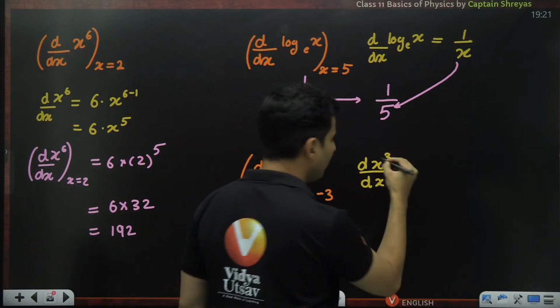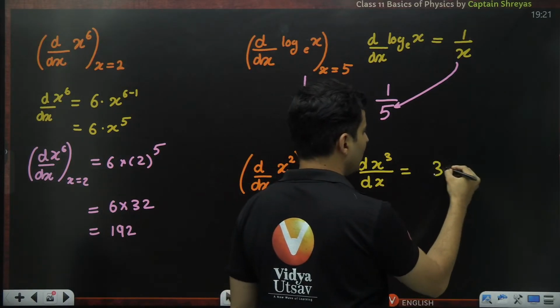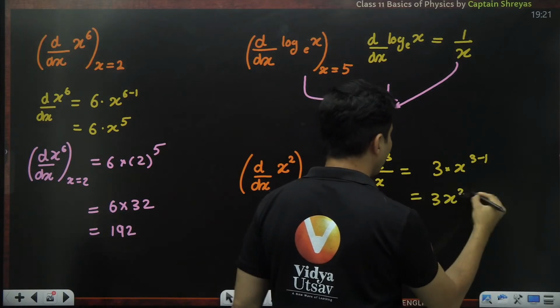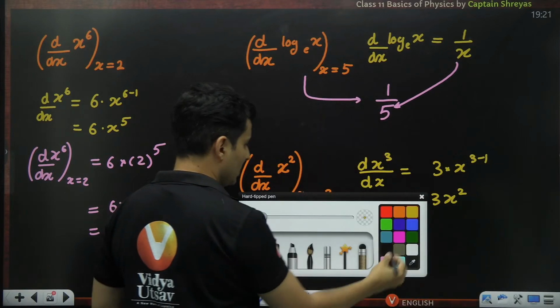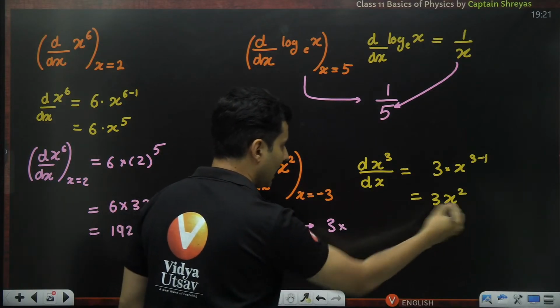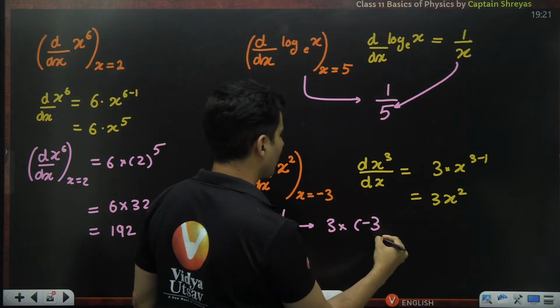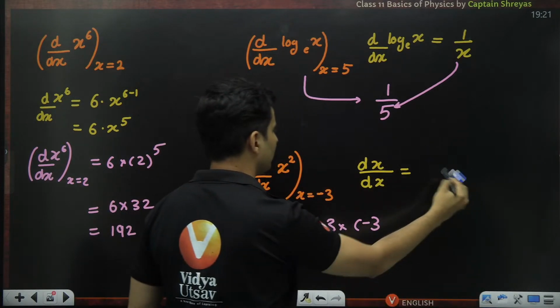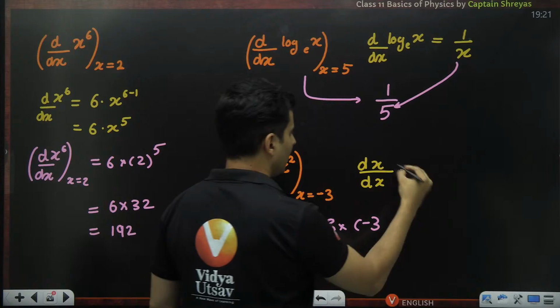Again, for this particular question, just try to find the derivative of x cube, my dear students. It will be 3 multiplied by x raised to 3 minus 1, which is basically 3x square. Oh sorry, this was x square, my bad. I copied it down wrong. So sorry guys. This was just x square.